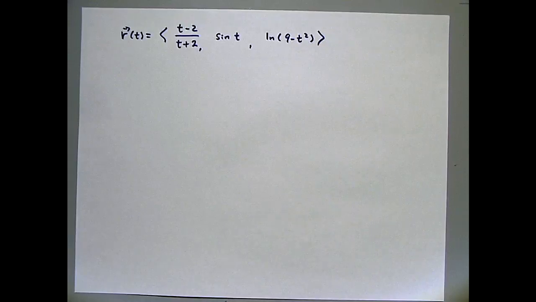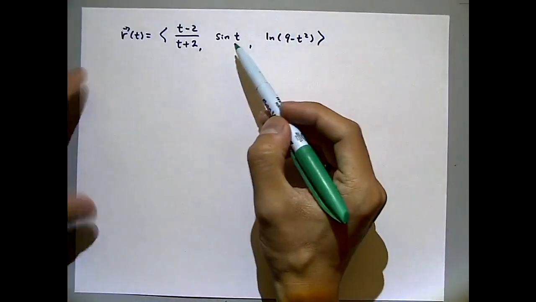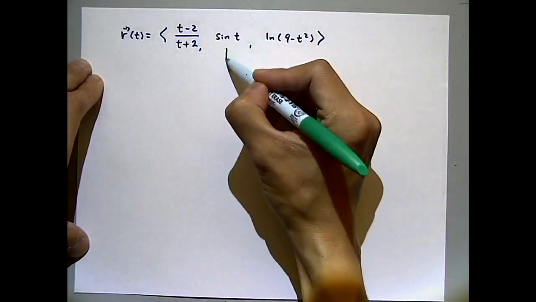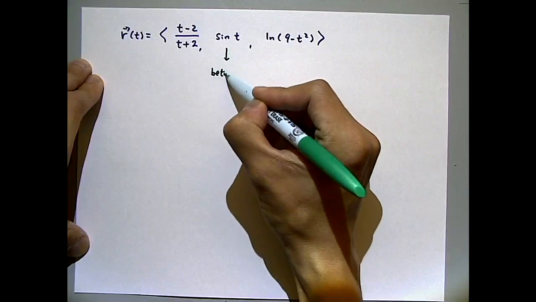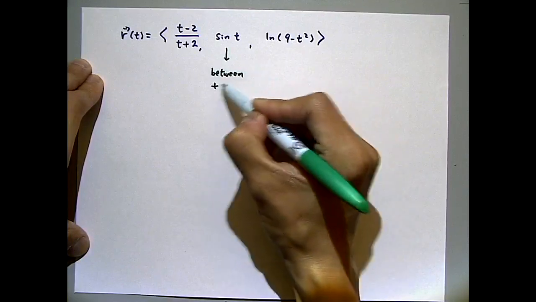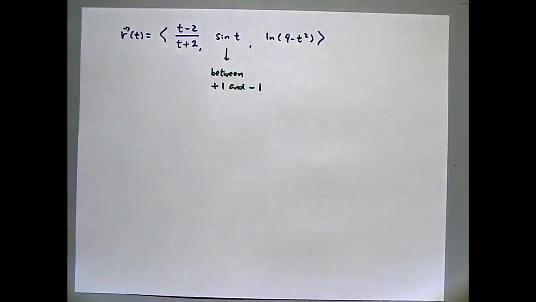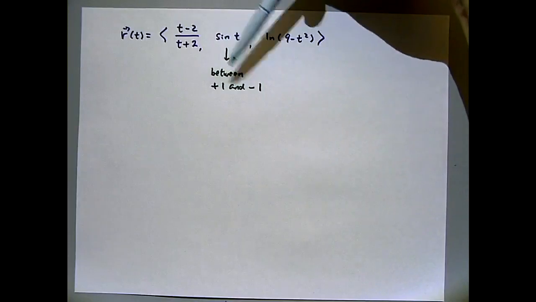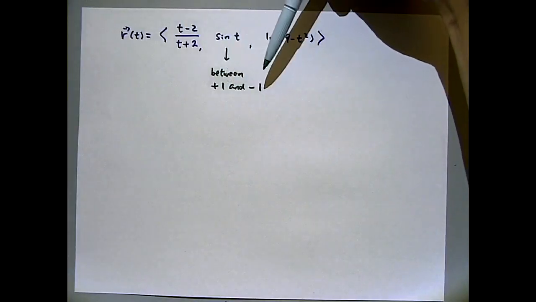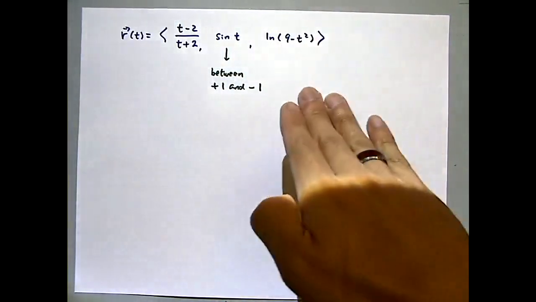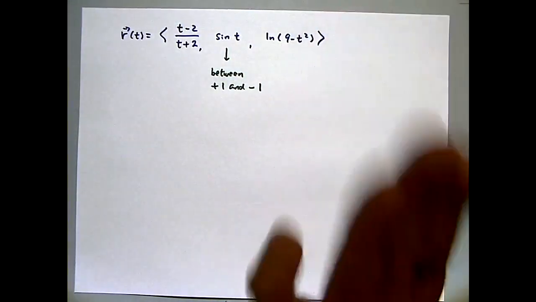Look at each component separately. For any number from that set we choose, the value of t, we know sine is always between plus 1 and minus 1. So that means the y component of this vector will be no bigger than plus 1 and no smaller than minus 1. It can only point up this much or down this much. So that's the y component.